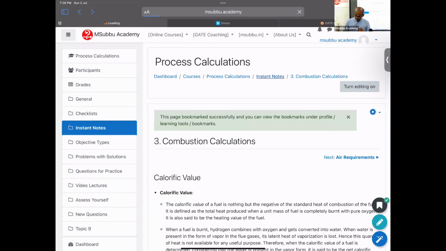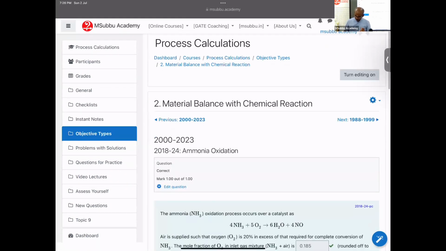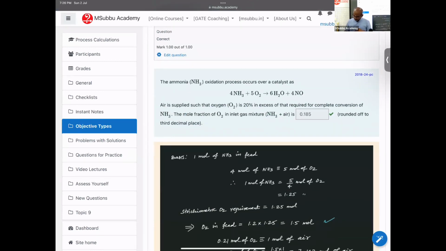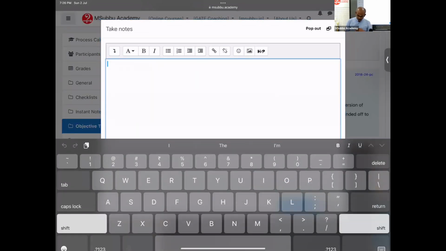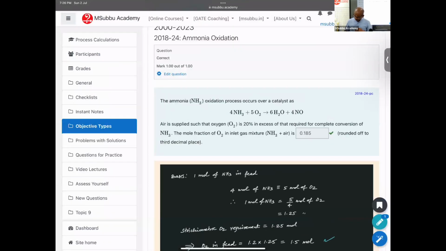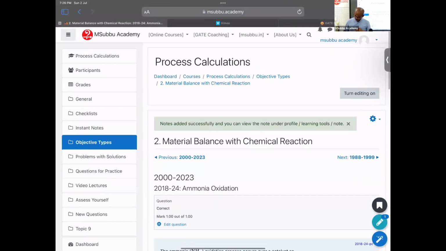And you can also add notes. Say, for example, I am seeing some page and I want to add something, since somewhere I am also giving this handwritten content. So suppose I want to add my own notes to this page, you can simply type something. And these notes will be available with reference to that page.